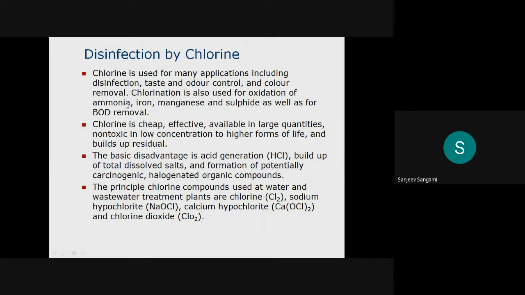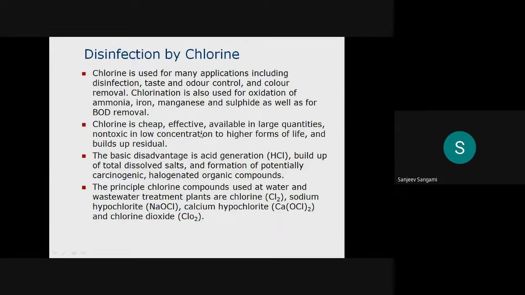If excess iron is there, it is going to reduce around 5 to 10%. Chlorination is also used for oxidation of ammonia, iron, manganese, and sulfide as well as for odor removal. That is why it has been recommended for the removal of pathogens, ammonia, iron, manganese, and sulfides.